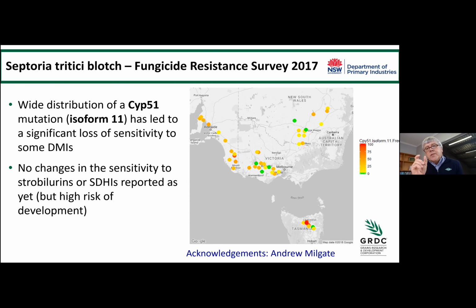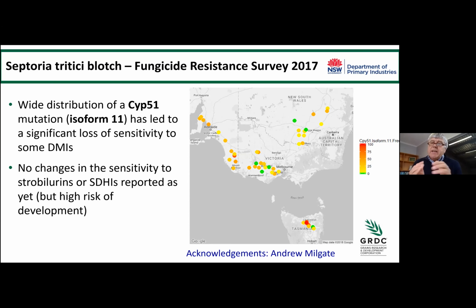Now, this confers reduced sensitivity to the group 3 DMIs, and in particular on the mainland seems to affect tebuconazole, to a lesser extent propiconazole, and all of those DMIs to a certain extent, but not as much as tebuconazole and propiconazole.